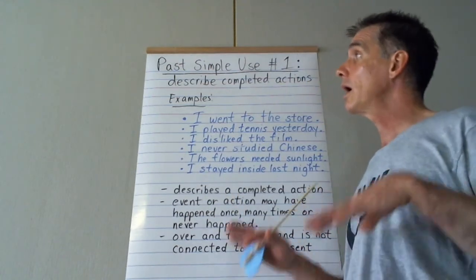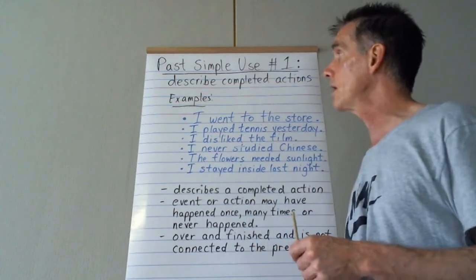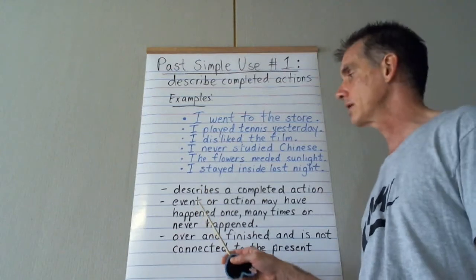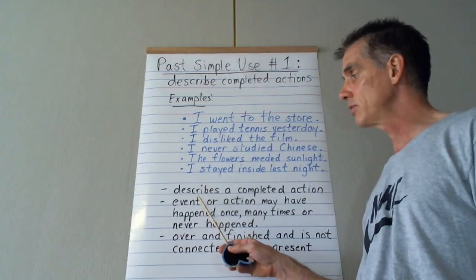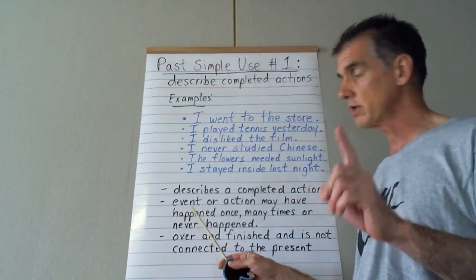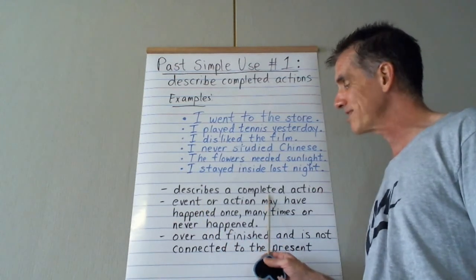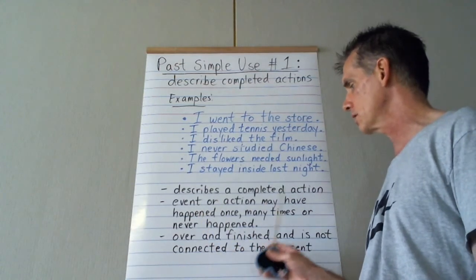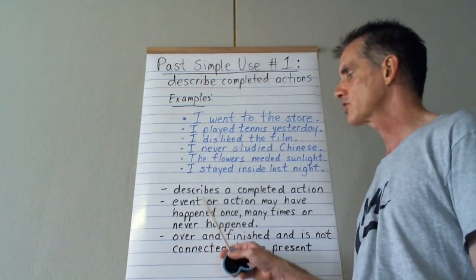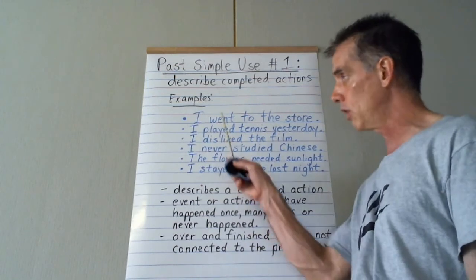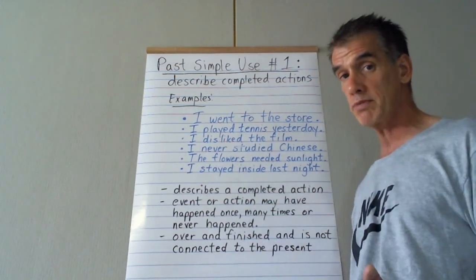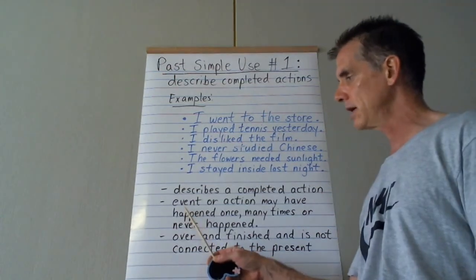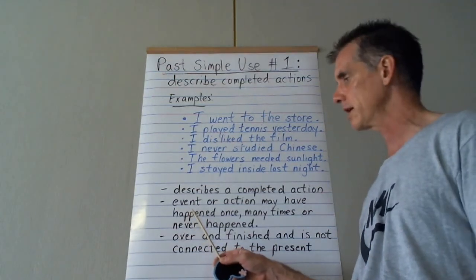Okay, so to go into a little more detail of describing completed actions. The past simple, or the simple past, use number one, describes a completed action or event. Okay, that's the first one. So all of these describe a completed action, something that is finished, obviously. And the next, clarification detail.